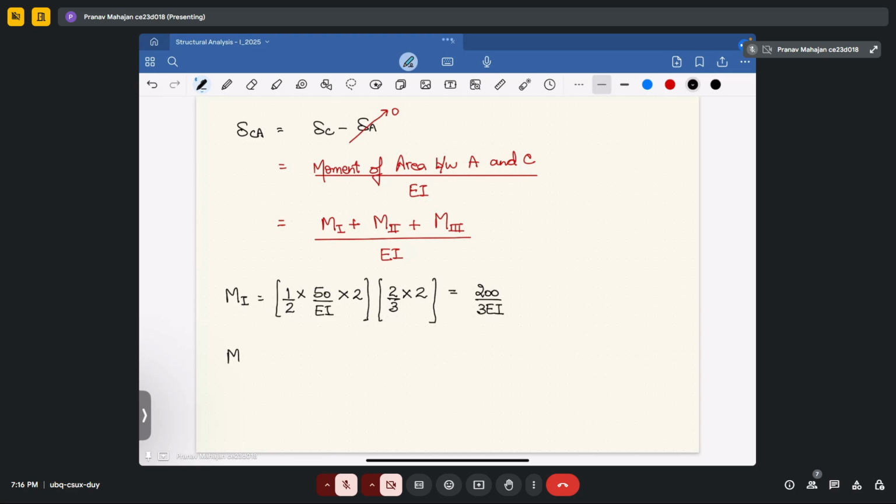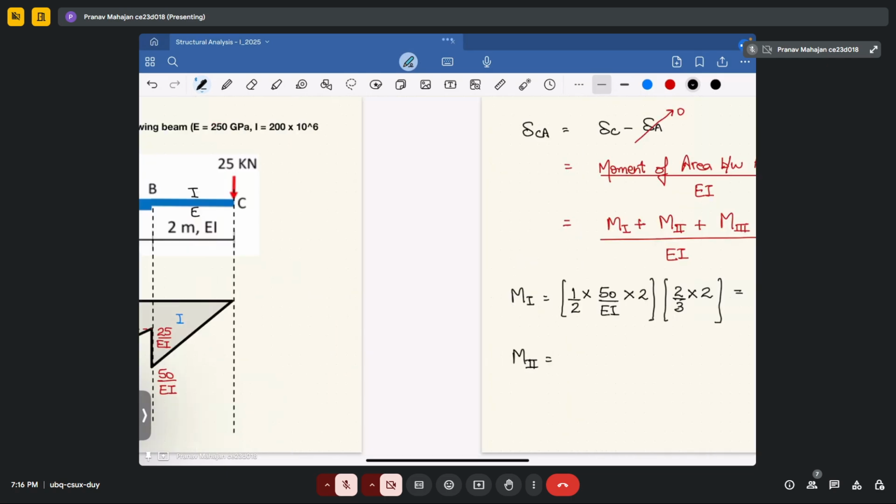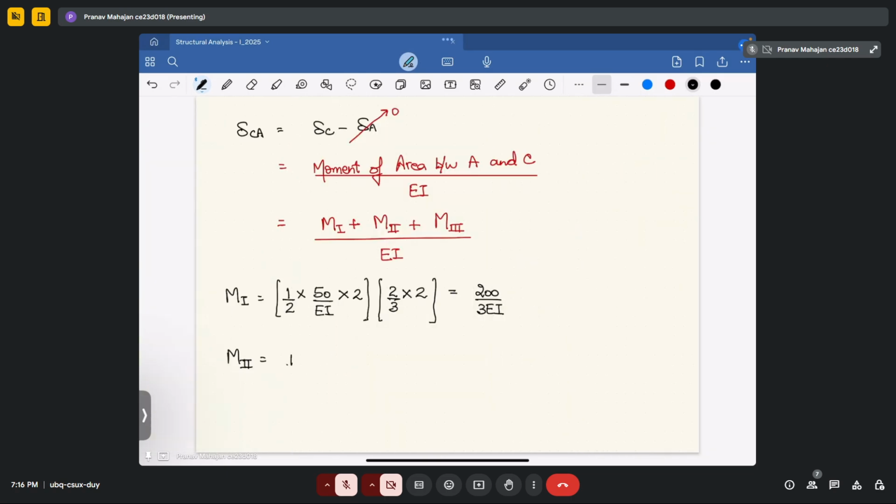Now I will determine second section moment. So second is a rectangle. No, second is also a triangle. It is 1 by 2. Altitude in this case will be 125 upon 2 EI minus 50 upon 2 EI, that is minus 25 upon EI.